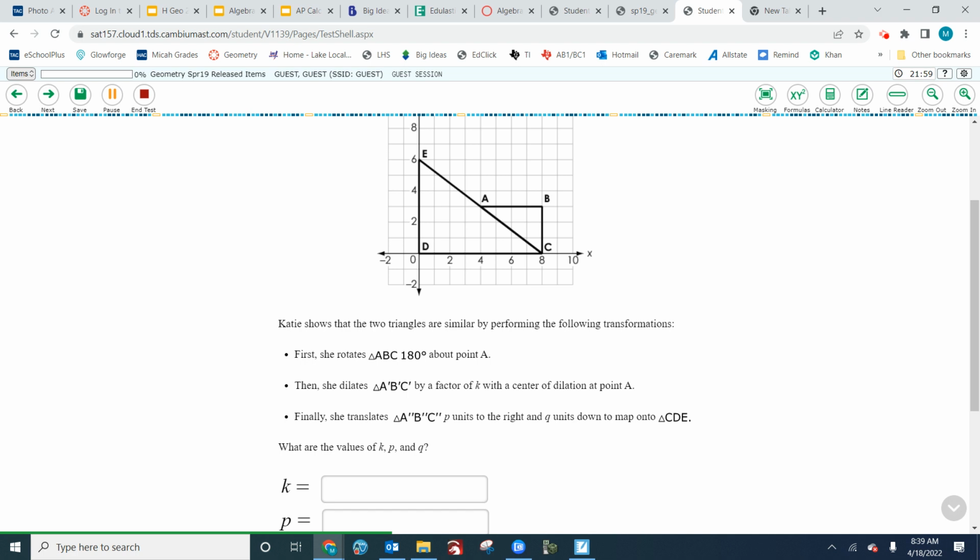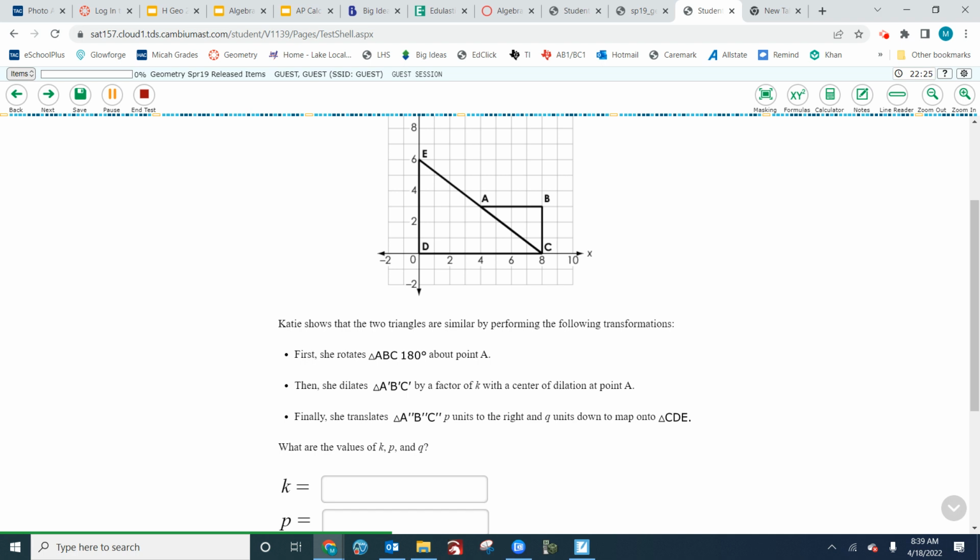You can picture what's happening if you think of A as the center of your clock. Next, she dilates by a factor of K with the center of dilation at point A. We're still dilating about point A. Do you still agree A doesn't change?